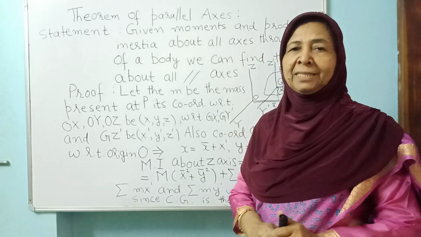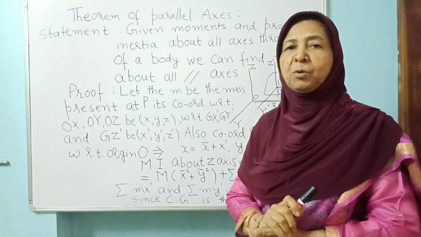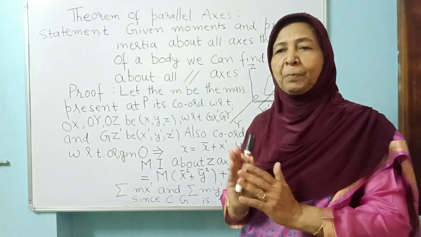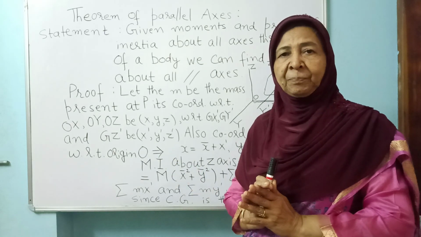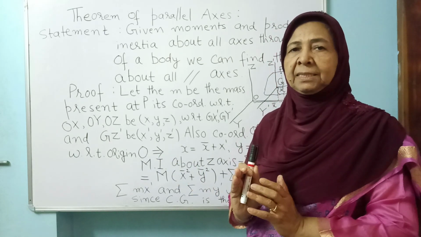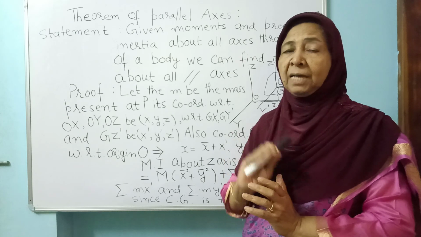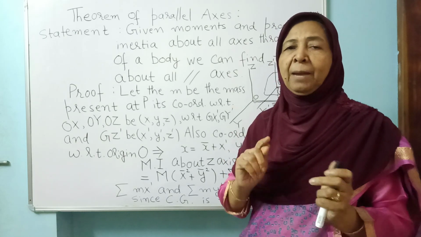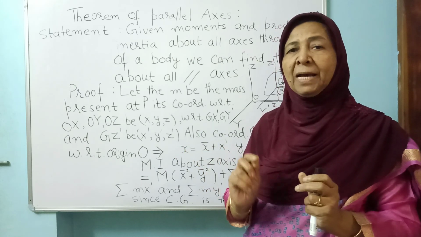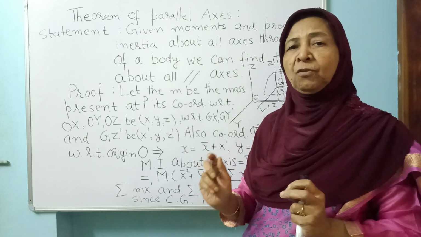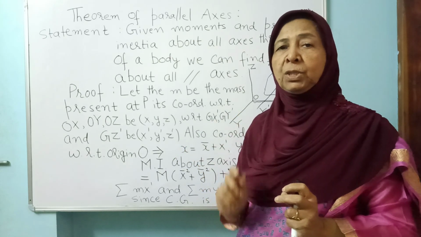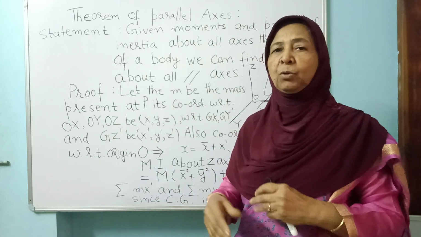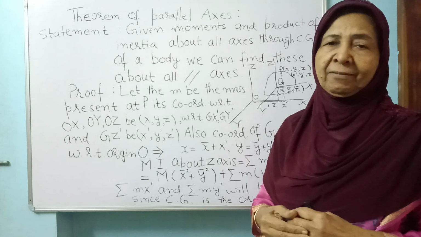You know that if you want to find the moment of inertia about an axis which is parallel to the x-axis, then it is the sum of two quantities: one is ma square, plus the moment of inertia about the center of mass or the center of gravity.